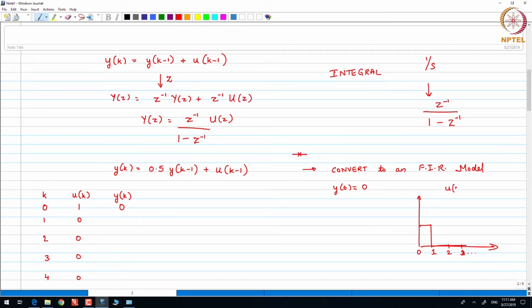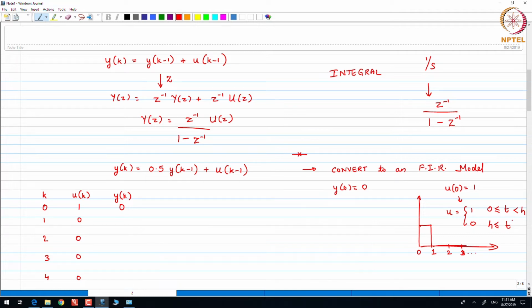What does u0 equal to 1 mean? It means u equal to 1 for 0 less than or equal to t less than h, and equal to 0 for h less than or equal to t. Sorry, my mistake.